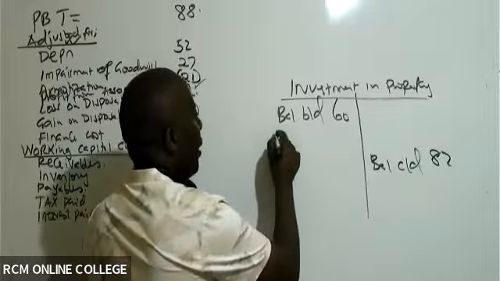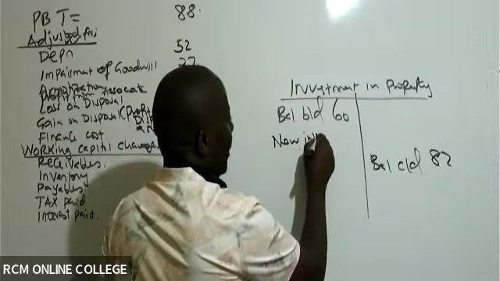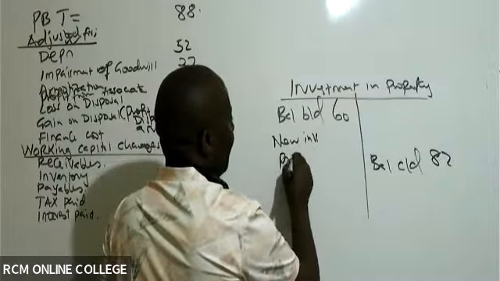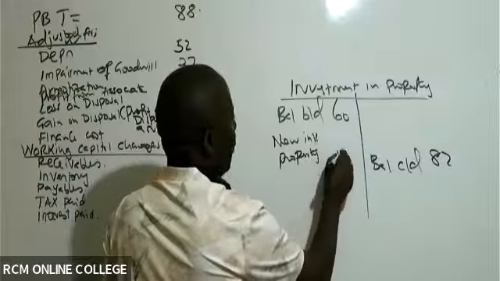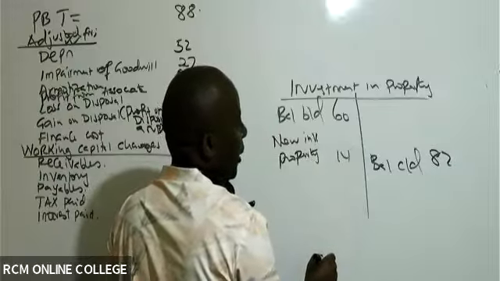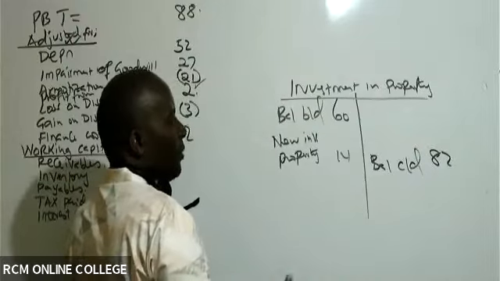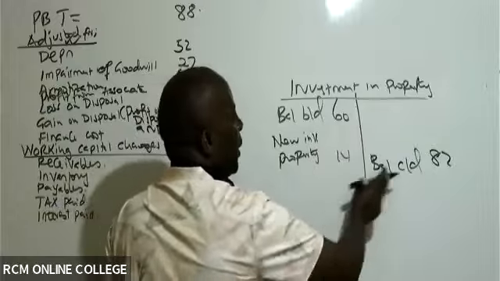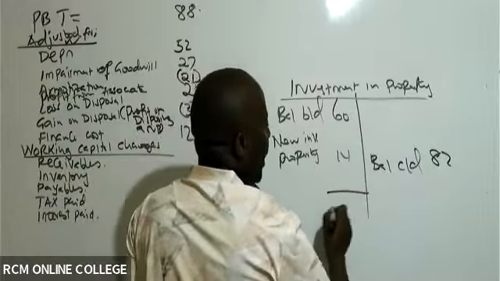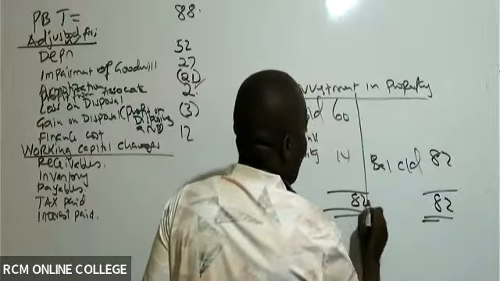So in this case, this is increasing. So new investment property, 14. Then what else may have made this investment in property? You see, this is 74 and this is 82.